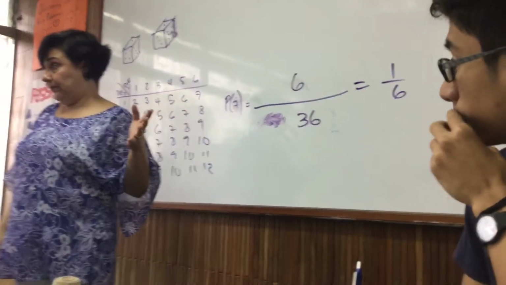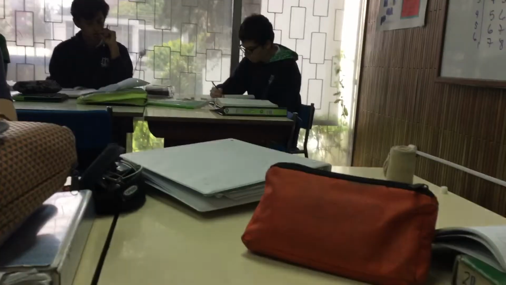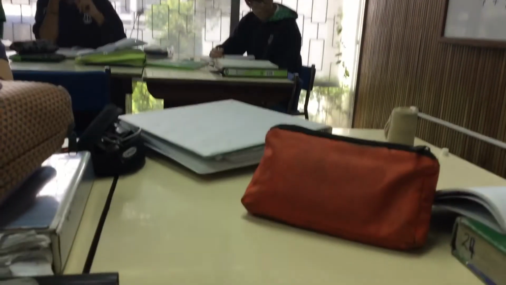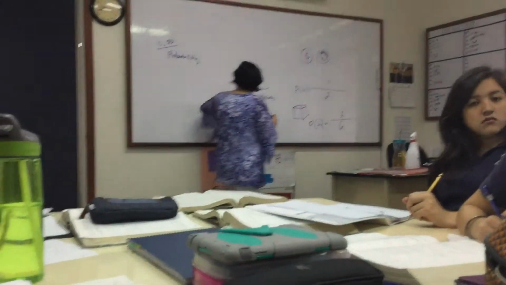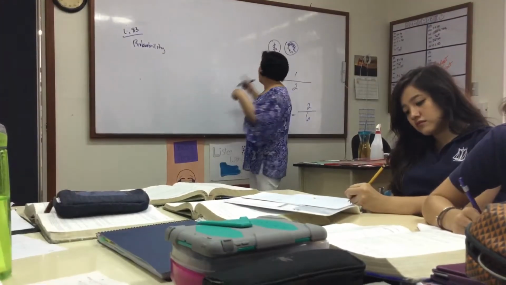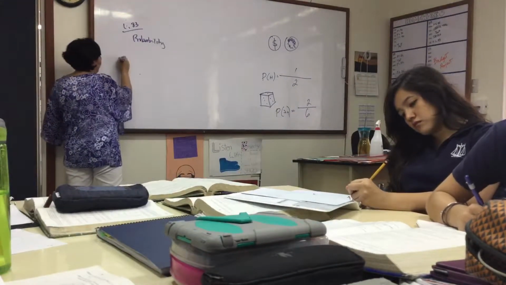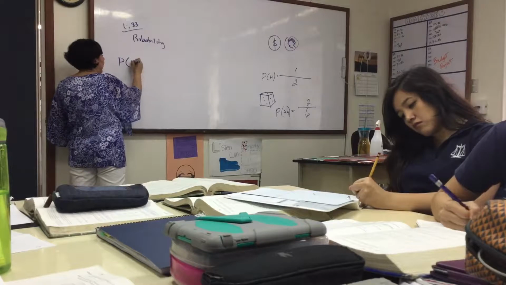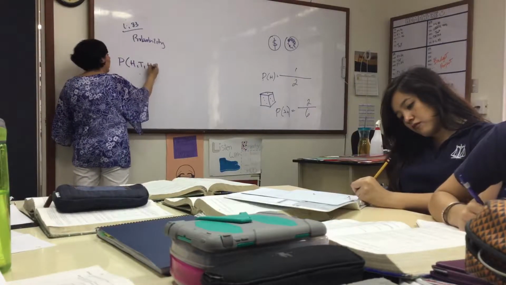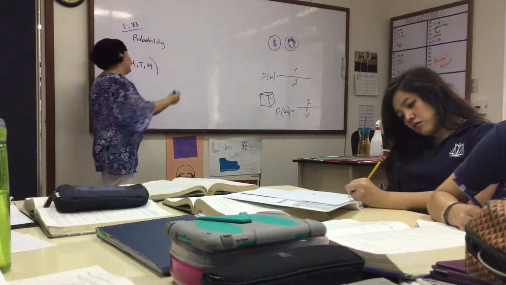Is that clear? Yes. Now, what happens if I want a specific type of coin outcome? Let's say, going back to the coins, what is the probability that I'm going to get heads, tails, and heads? Question.